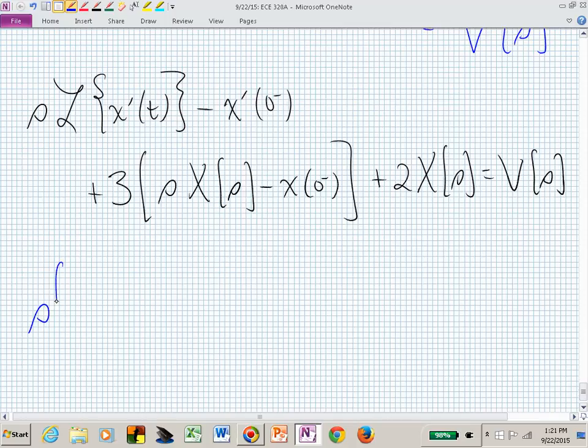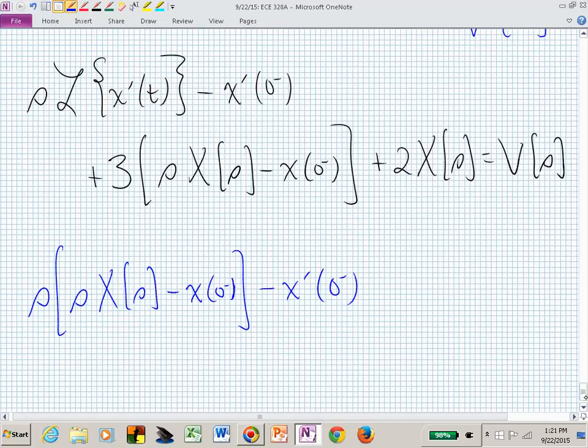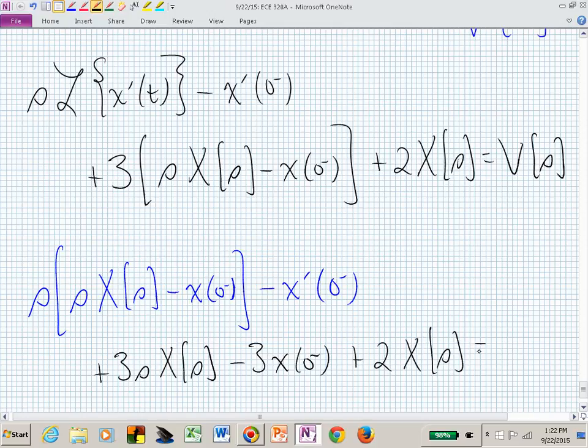This is now s times s X of s minus x of 0 minus, minus x prime of 0 minus. All of that in blue is the Laplace transform of a second derivative. Plus 3s X of s minus 3x of 0 minus plus 2X of s equaling V of s.